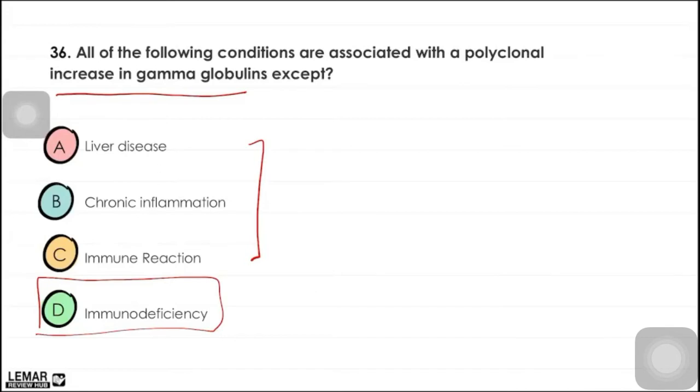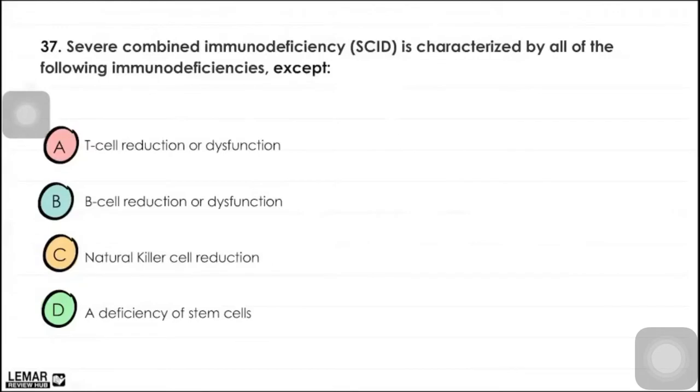Liver disease, rheumatoid disease, and lymphoproliferative disorders. So immunodeficiency will not be associated with a polyclonal increase in gamma globulins. Generally, it will present a decrease, or low levels of serum immunoglobulins. So number 36, the exception is letter D, immunodeficiency.